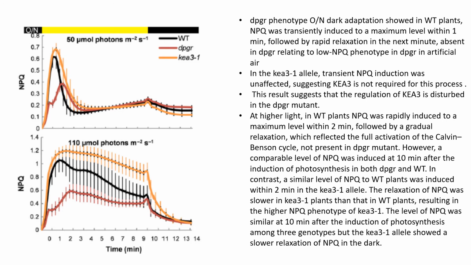This phenomenon is not present in the case of DPGR, shown in the graphs using the crimson colored band. The wild type in the graphs is shown in the black band. And you can see the difference in the induction at the very first time point in the graphs.